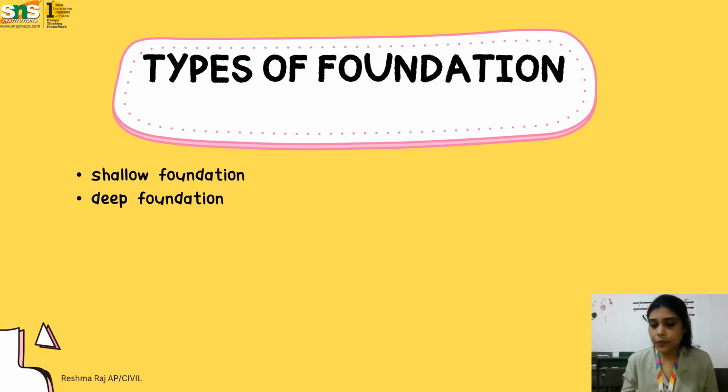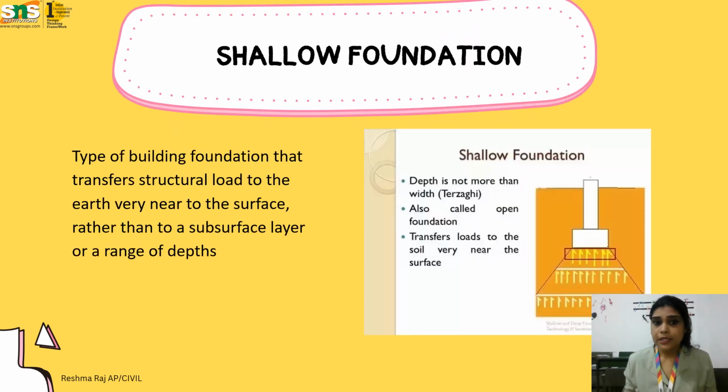Here we go through the properties of the shallow foundation. The main property is the depth of the foundation. Shallow foundations typically extend only a few feet below the ground surface, with depth usually less than the width or diameter of the footing.